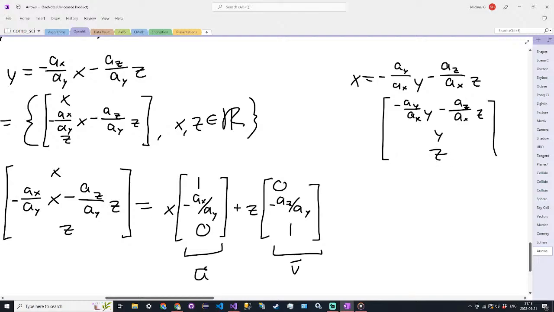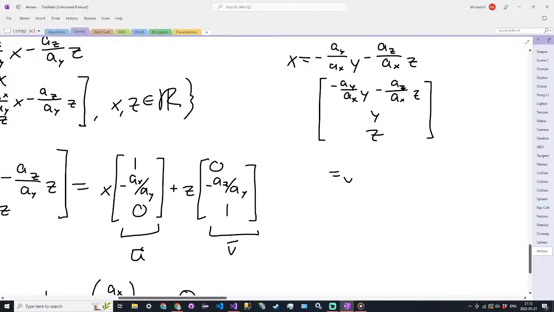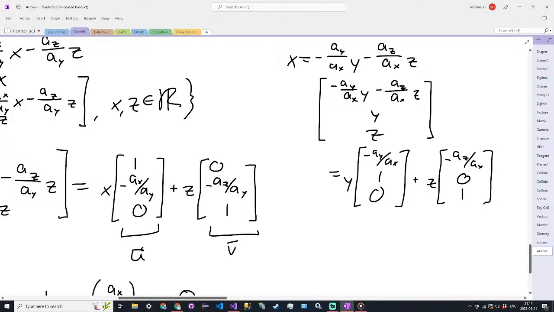And then once again, this just decomposes into a linear combination where Y and Z are just held constant and can be any real number. So once again, two basis vectors.